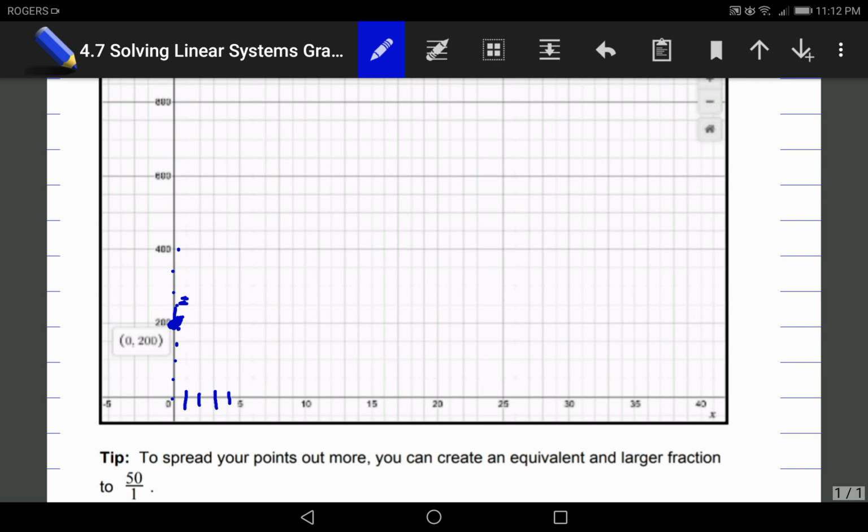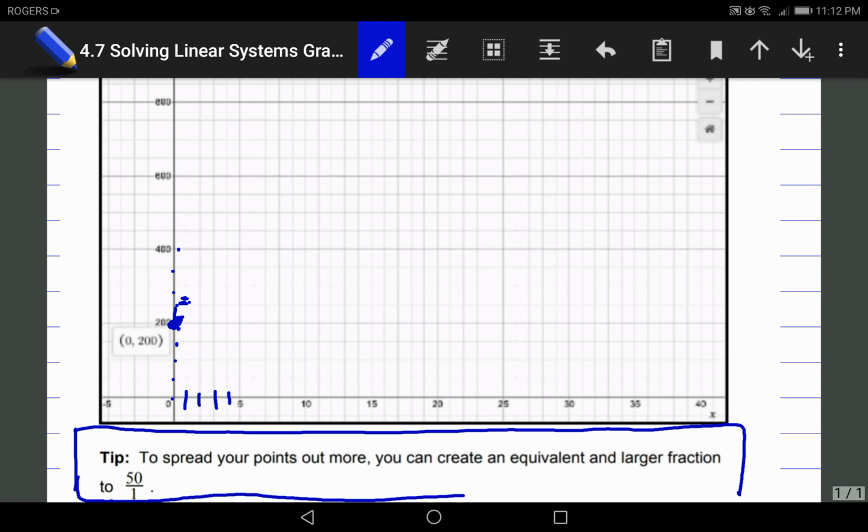It's really hard to kind of draw that small. Okay? It's pretty hard to draw that small because my scale is going by 50s. This is going to be a little bit sloppy. Okay? And that's why at the bottom here I have a tip. When you feel like your scale on your axes just isn't large enough, or small enough, I should say, to accommodate your slope, your rate of change, we can actually change that fraction.